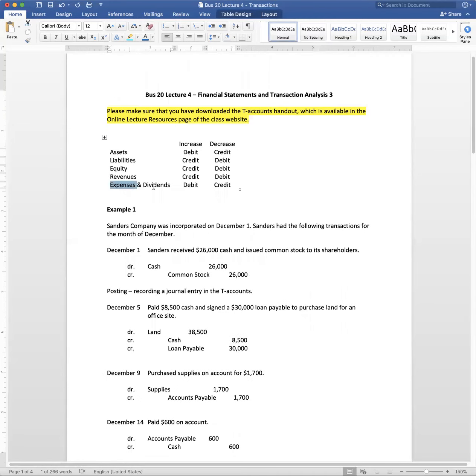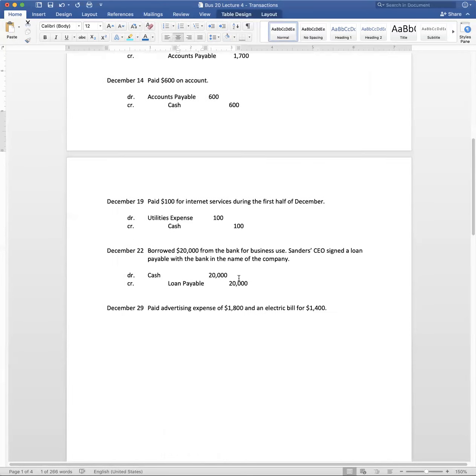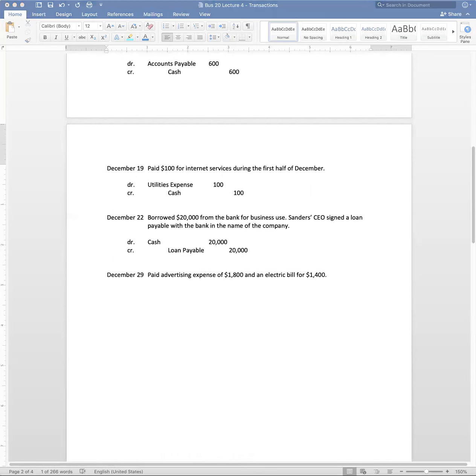We have an expense, and expenses are always increasing. We have more expense, in this case, advertising expense. So we're going to debit. All right, so we are going to debit advertising expense. There.